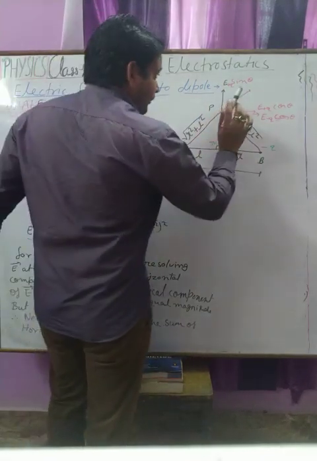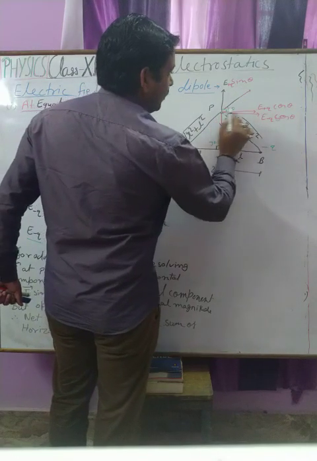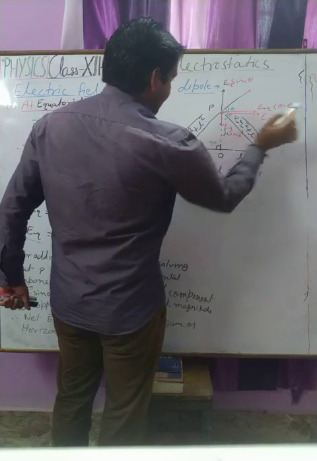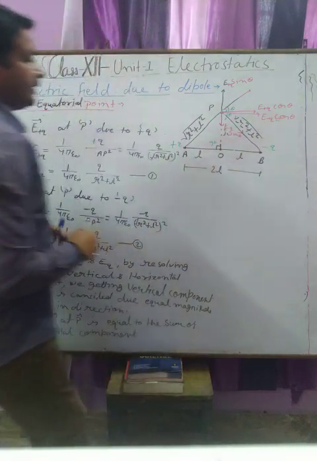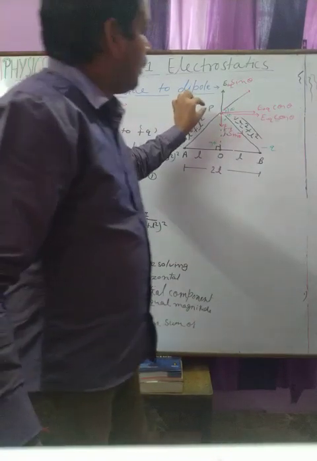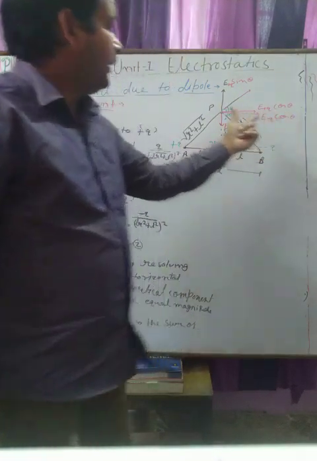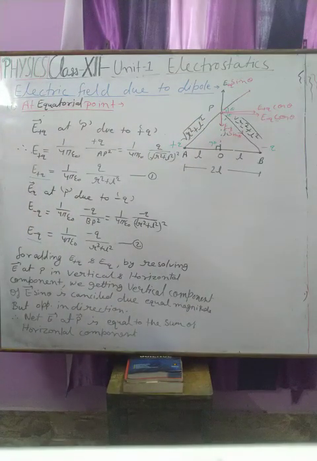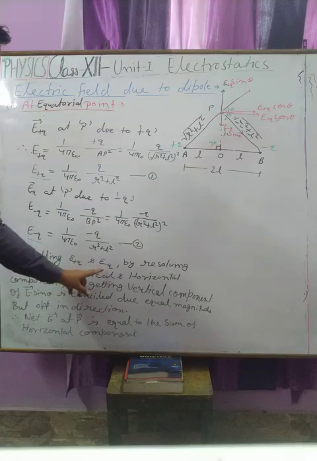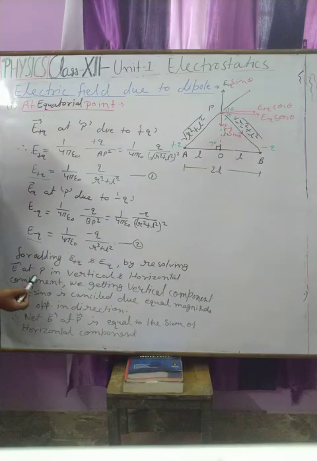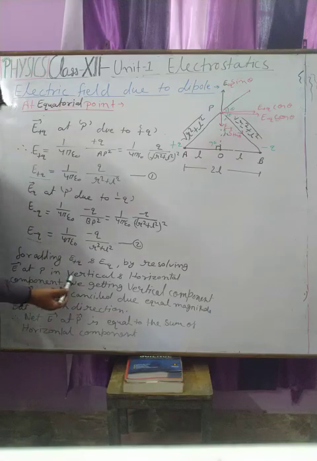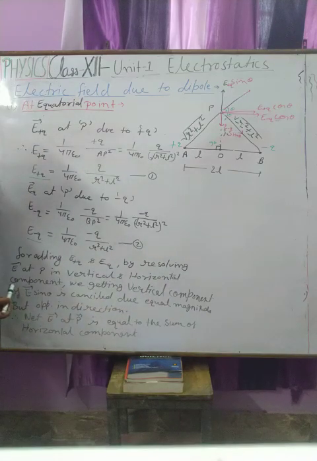Therefore the electric field due to the positive charge has horizontal component E cos theta and the negative charge has horizontal component E minus cos theta. We are getting these two adding in such a way. So for adding the electric field due to positive charge and electric field due to negative charge, we resolve the electric field at point P in vertical and horizontal components.